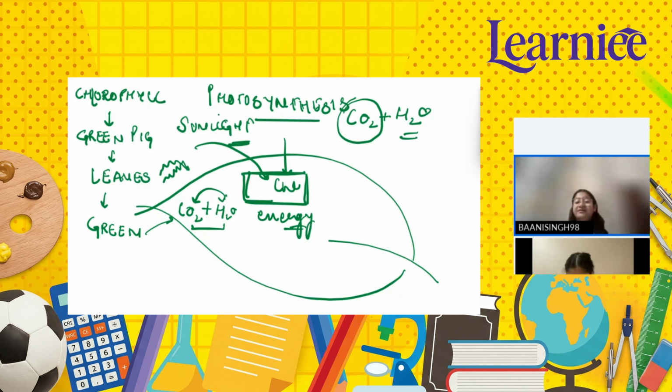That is going to be the light. I hope you're familiar with the concept that light is considered to be a form of energy. So here light would serve as the energy which will make the carbon dioxide and water react with each other.